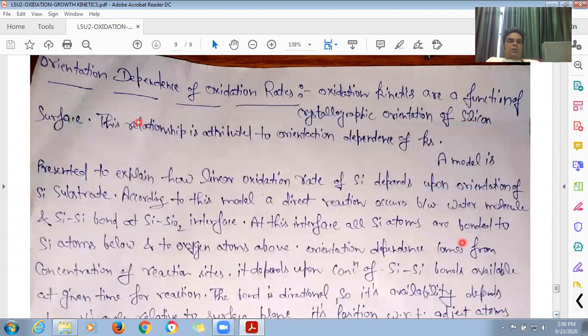Now there is another factor, the orientation dependence of the oxidation rate. Oxide thicknesses are a function of the crystallographic orientation of the silicon surface. So the quantity that we discussed, that is Ks, depends upon the orientation.